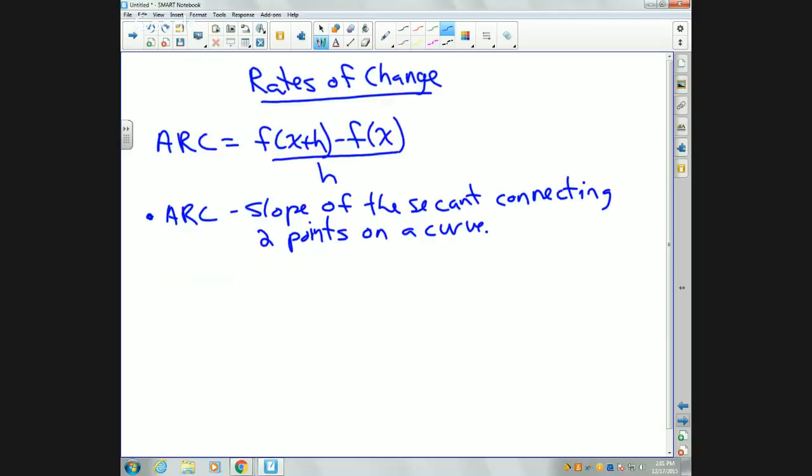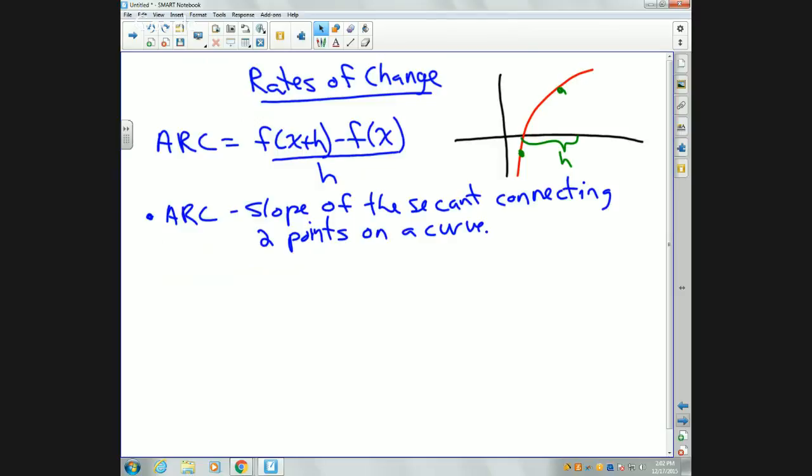What's another way to think about the average rate of change? Again, I may as well focus on a logarithmic function since that's what we're looking at, or exponential. A logarithmic function looks sort of like this. Remember we talked about h being the distance in the x values between the 2 points?